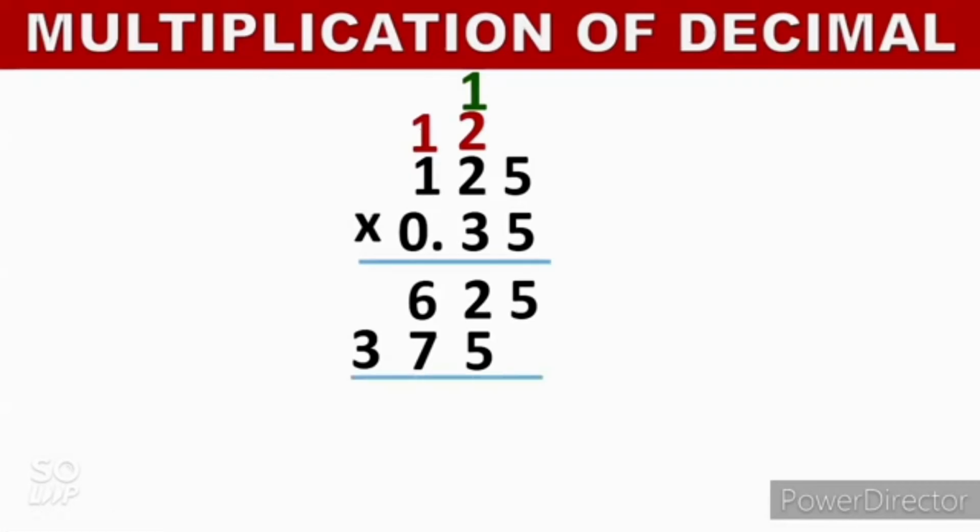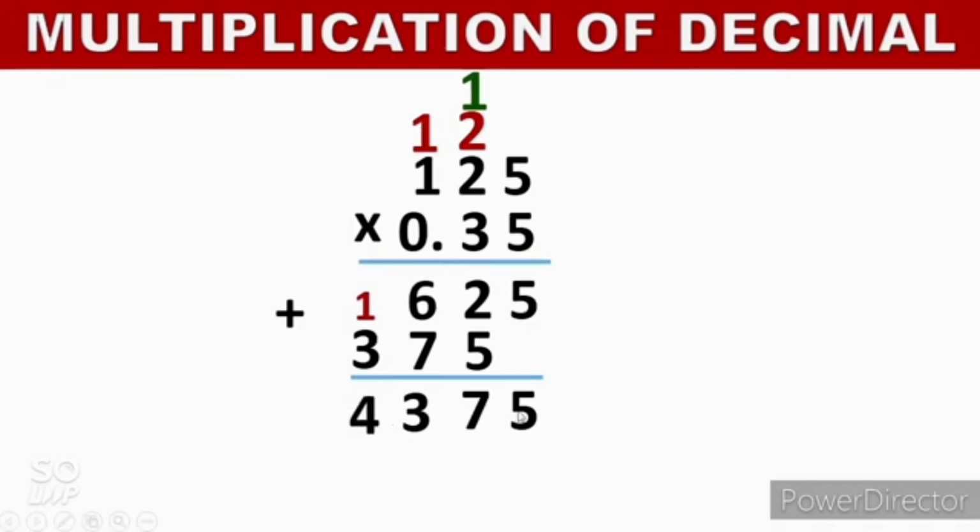The next step is to add. Now we bring down 5. 2 plus 5 is 7. 6 plus 7 is 13. Write 3 and then we carry 1. So 1 plus 3 equals 4.